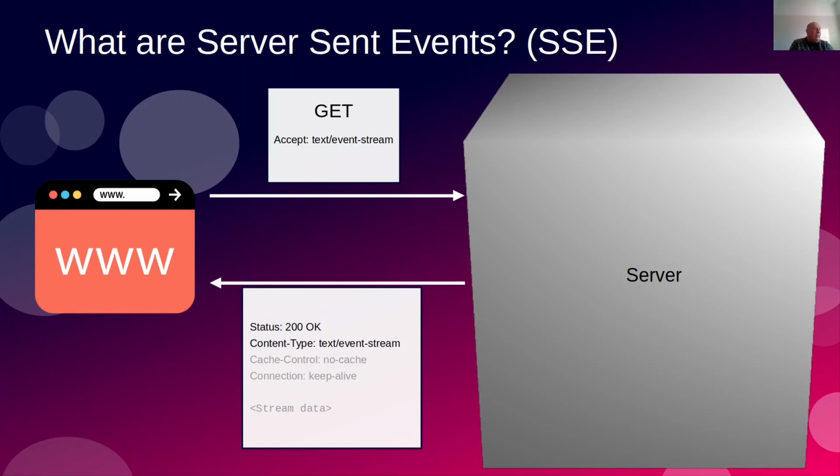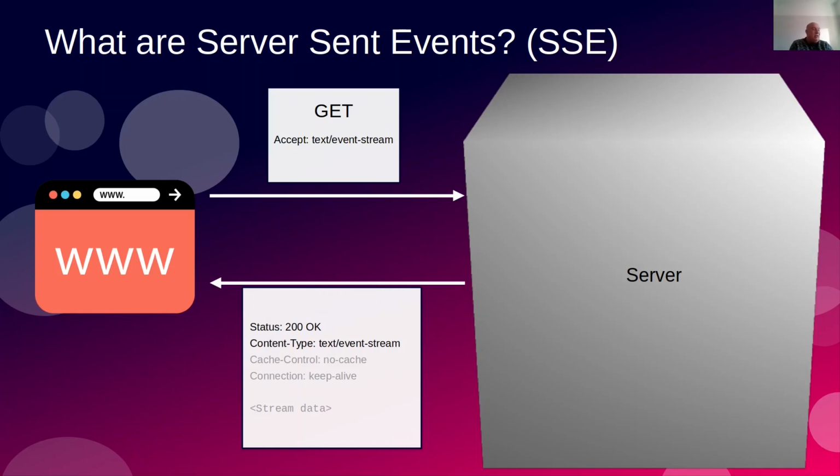It'll usually say in the header of the response that there'll be no cache, because we usually don't want to be caching real-time updated content. And importantly, we'll usually have a keep-alive header on the response as well, so that the connection will stay open between the client and the server.